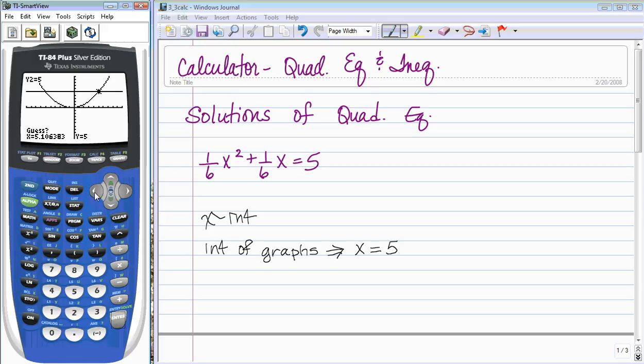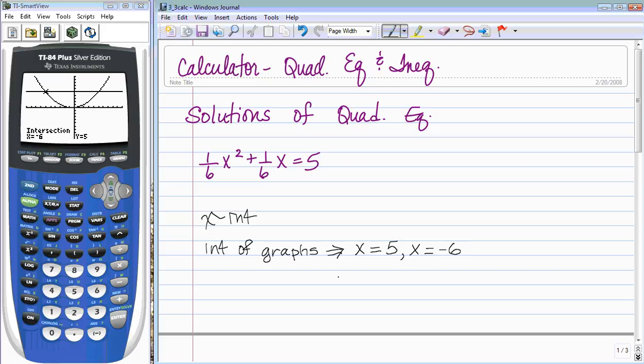And for our guess, we need to go to the other point of intersection, and press enter. Okay, so we see -6, 5. So that tells us that the other solution is -6.